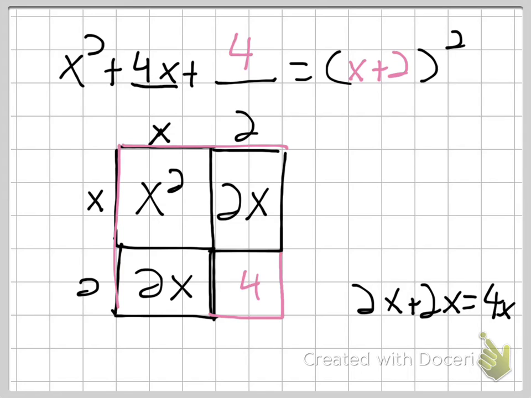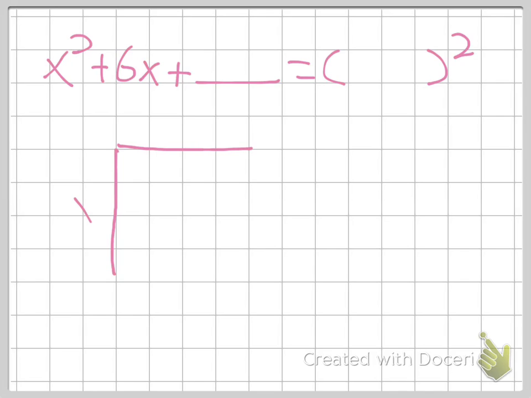Okay, similar example. Let's just go to the next case, x squared plus 6x. Okay, so it's choosing an arbitrary value of 4 as x, and I'm going to break the 6x into 3x and 3x by doing this.